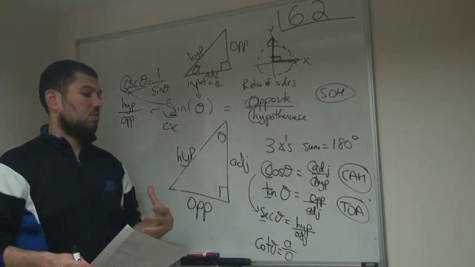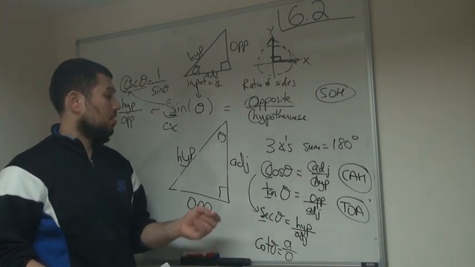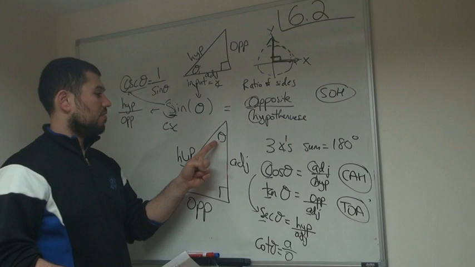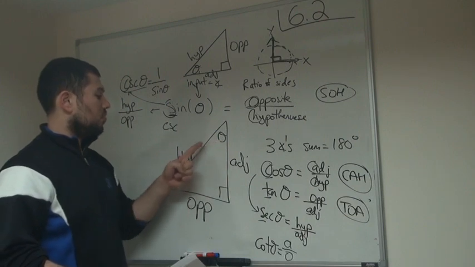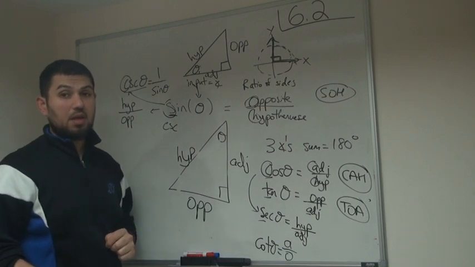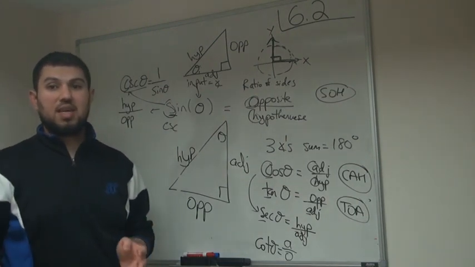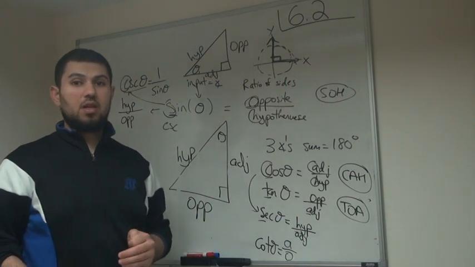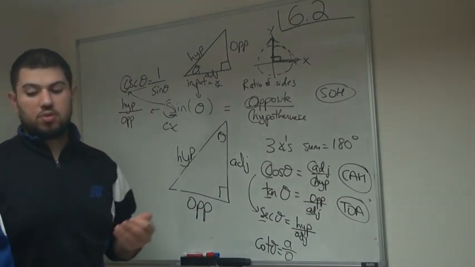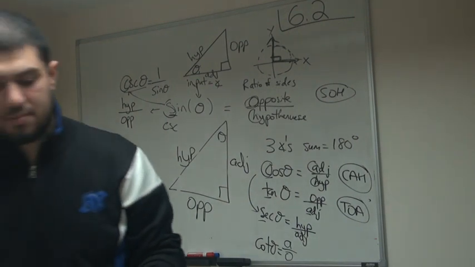If I were to ask you to evaluate the secant of theta, the secant of some angle, you would then find the hypotenuse length, divide that by the adjacent side length. That's how you evaluate it. To get the sine, cosine, tangent, secant, cosecant, cotangent of an angle, we find the ratios of sides. Next slide.